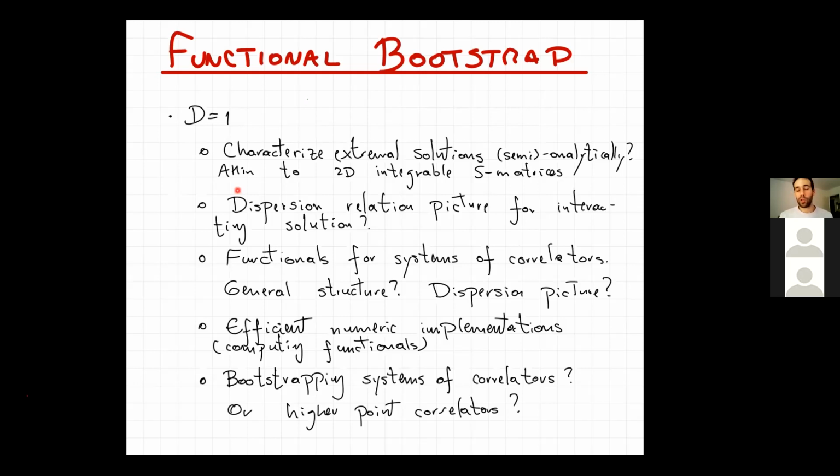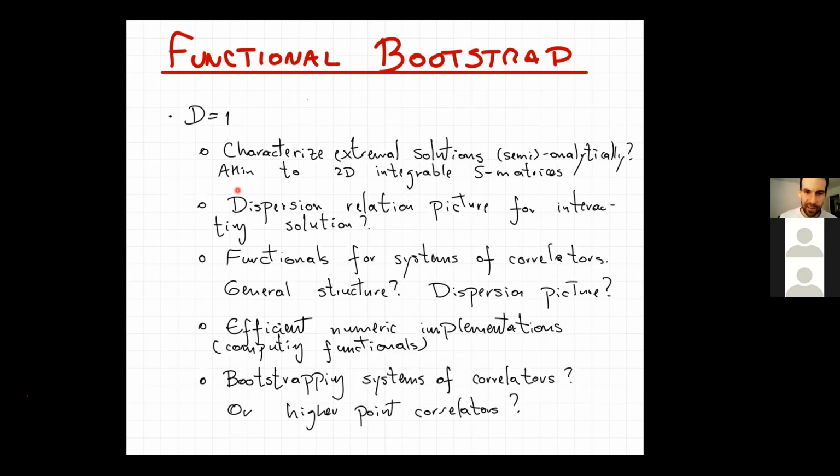Then we should also try to understand functionals for systems of correlators. If we have to analyze every case separately, it's going to be a pain. I don't want to write 50 papers every time that I need to add a new correlation function and construct new functionals. So I'm sure that there's a general structure that would apply to an arbitrary set. You just give me which correlators you want to find, and there will be a simple way of getting the basis that works for that system.